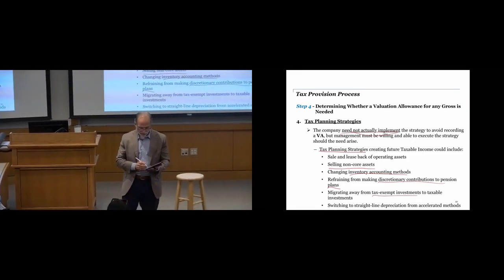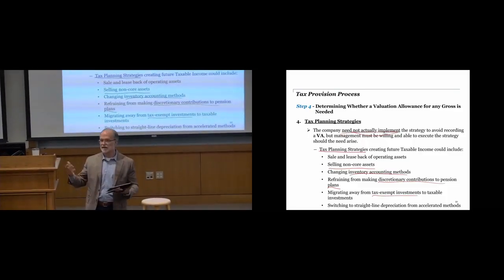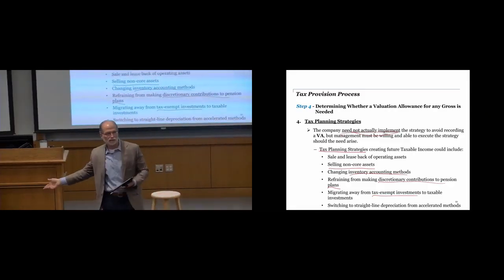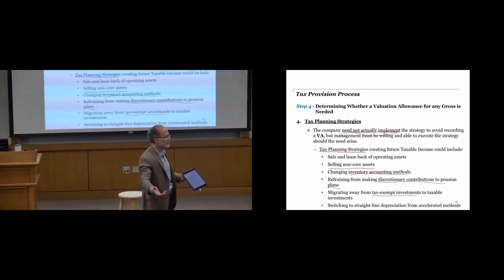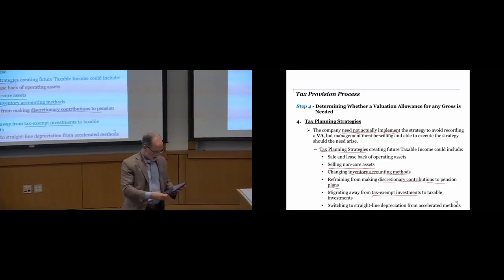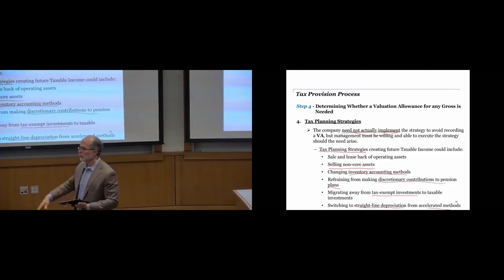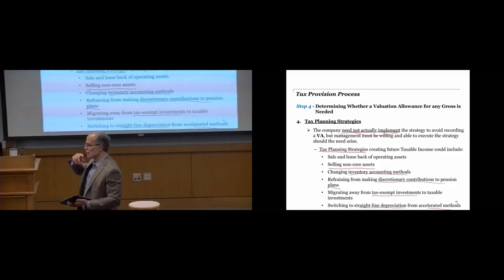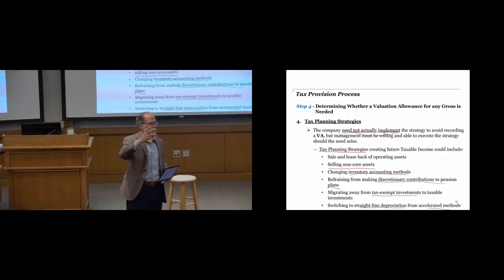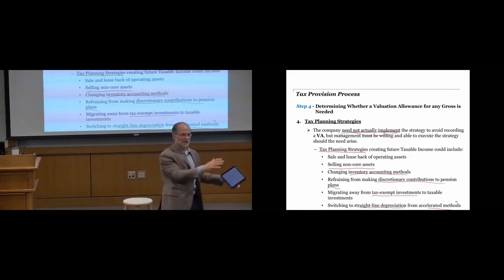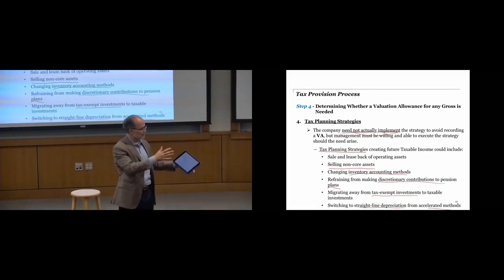Migrating away from tax-exempt investments to taxable investments: selling a municipal bond, buying a taxable investment instead, which generates taxable income. Switching to straight line depreciation from accelerated methods. All those accelerated methods we talked about in the first part of the class are elective. I can choose not to do that. Now, nobody does that because they always want to front load deductions because it's beneficial. I want to pay less tax now.